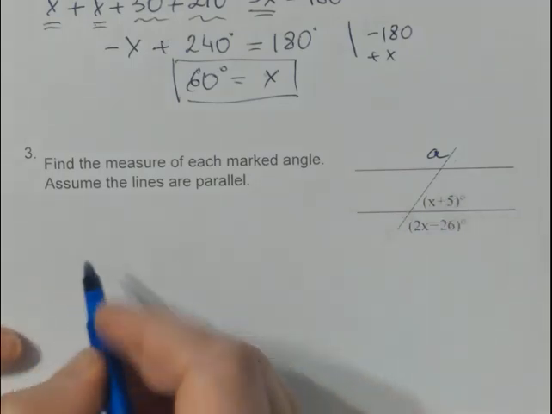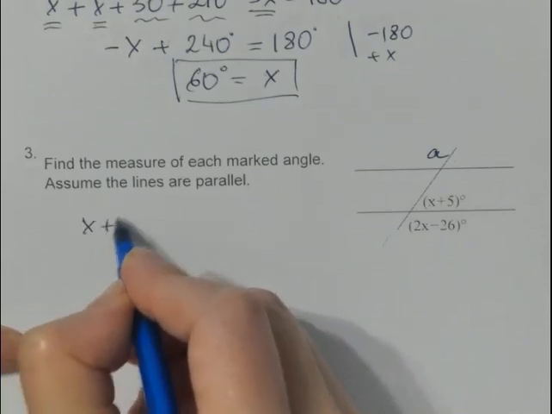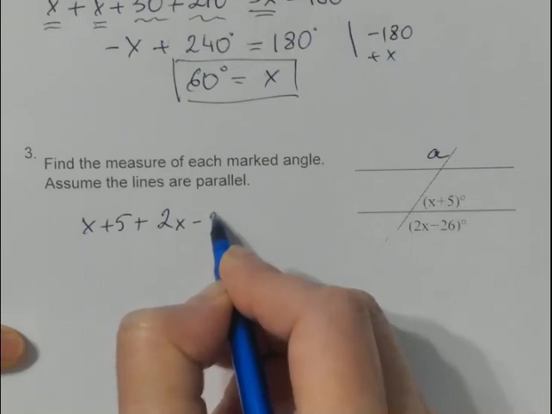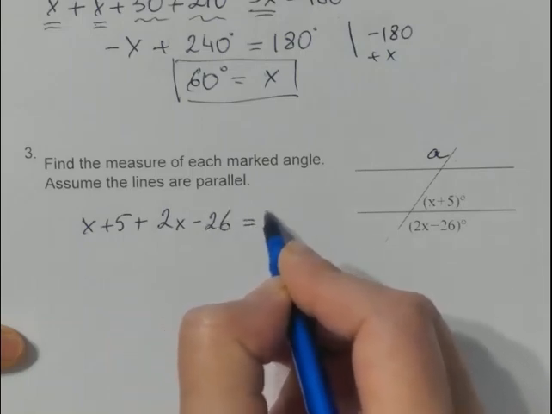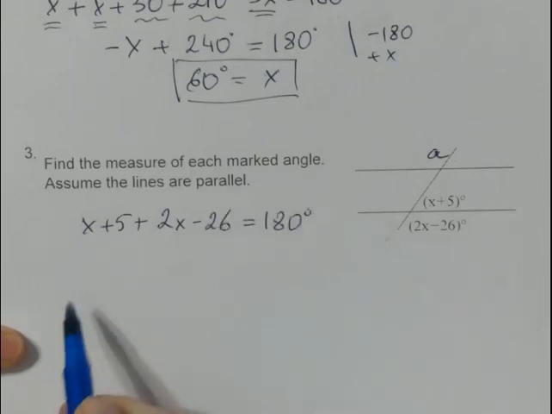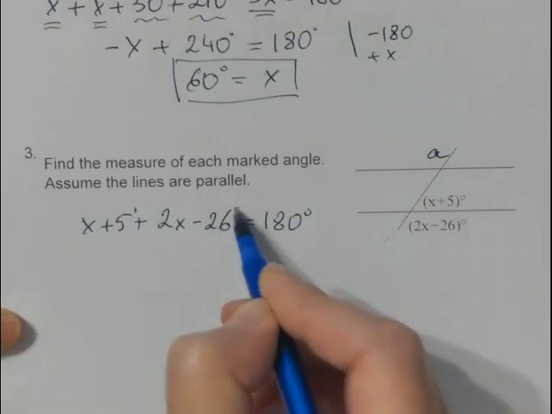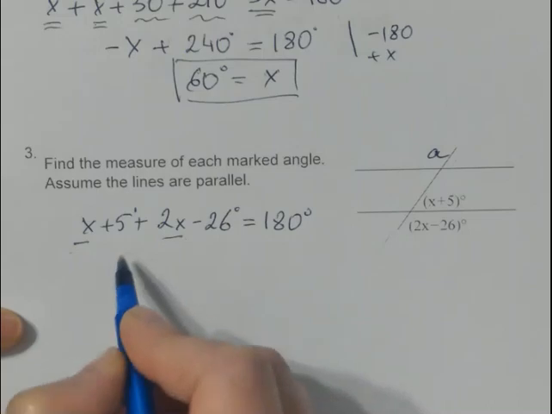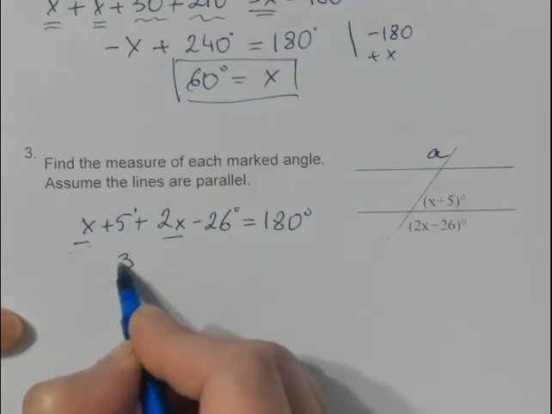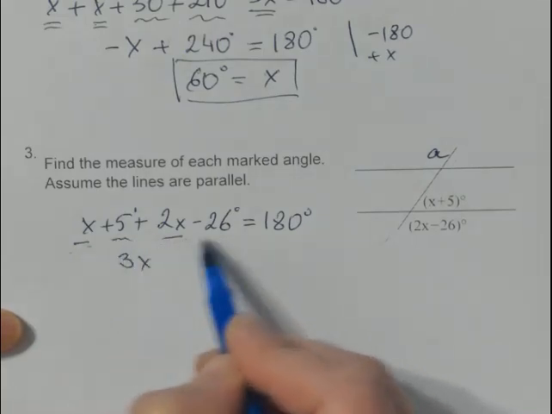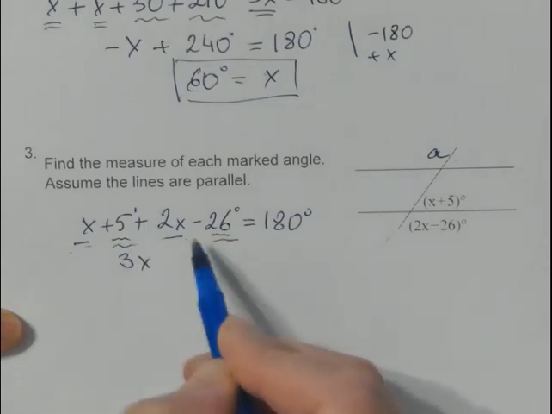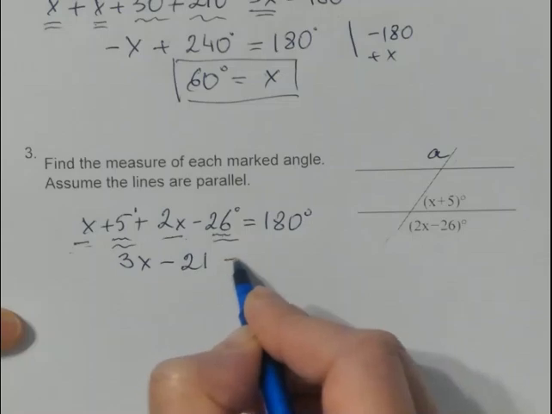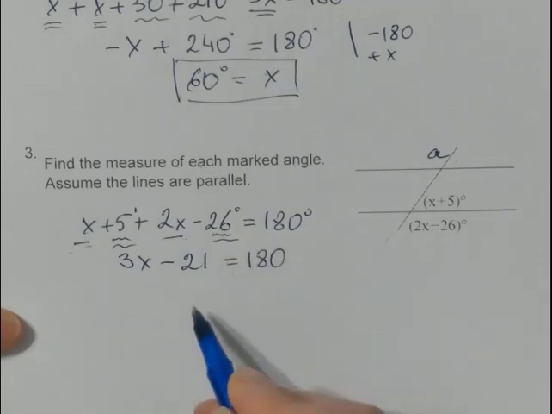They add up to 180. x plus 5 plus 2x minus 26 equals 180 degrees. We solve this equation for x. Again, we have like terms with x, 1 plus 2, 3x. Like terms without x, 5 minus 26 will be minus 21, equals 180.